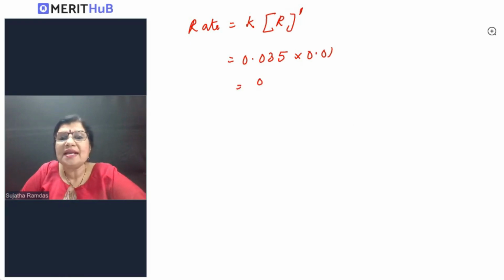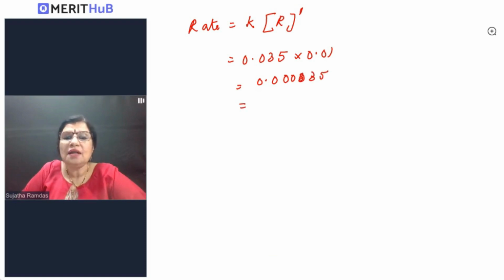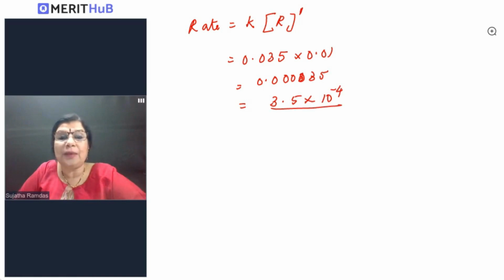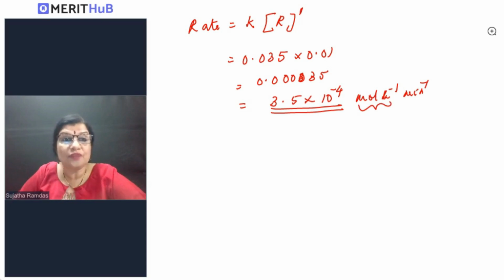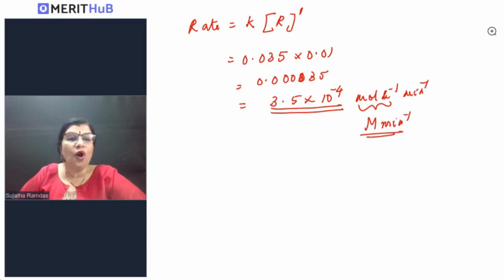So this will be 0.00035, or 3.5 into 10 to the power of minus 4 moles per liter per minute, or this moles per liter is given in terms of molarity. M per minute will be the unit of the rate.